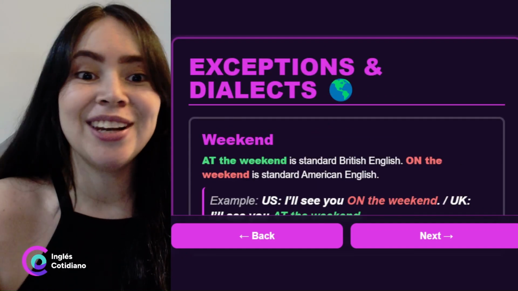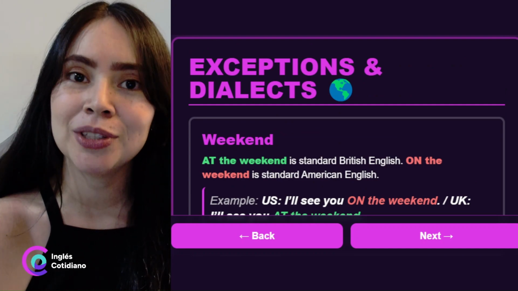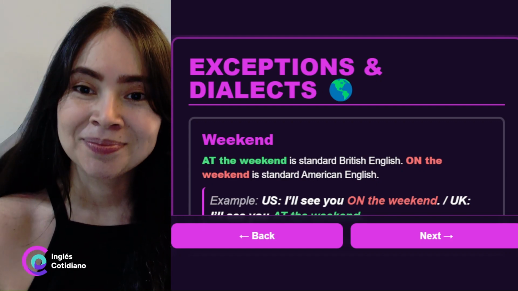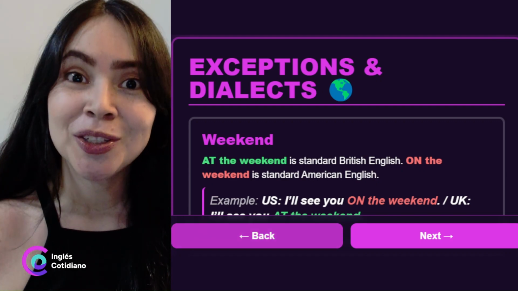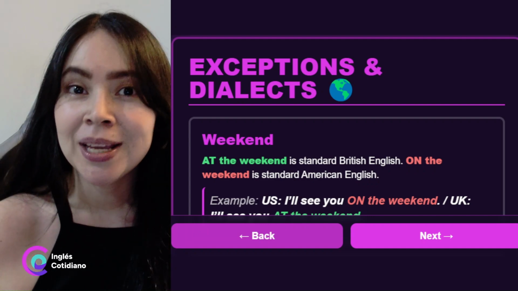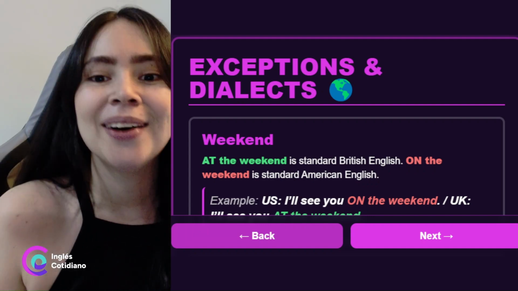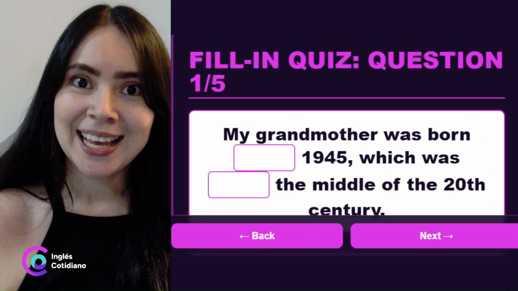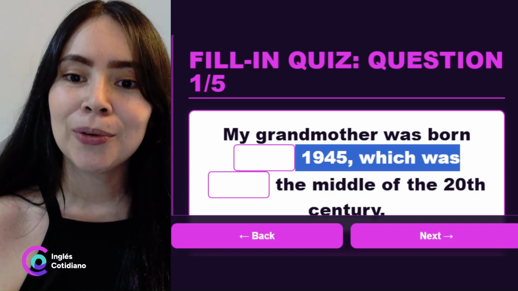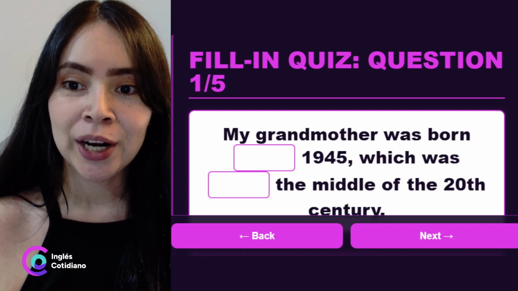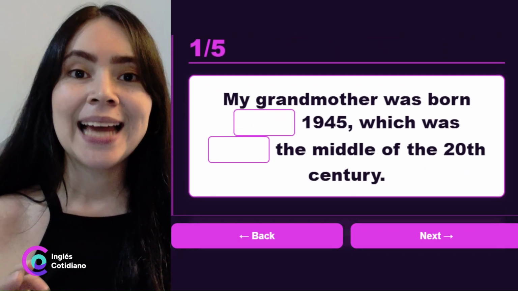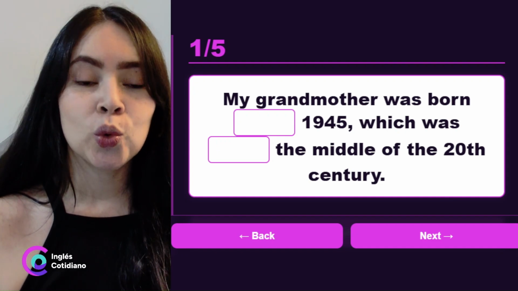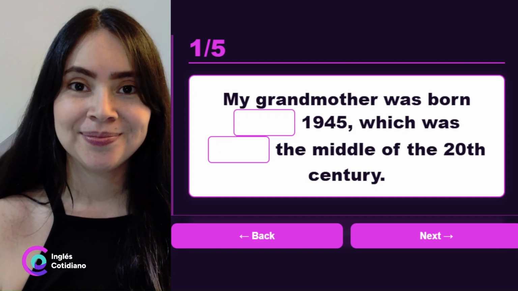So far we have learned many things about these prepositions at, on, and in to talk about time. Let's do now a short quiz to check our memory and our understanding about these three tricky prepositions. The first point in this quiz is: my grandma was born blank 1945, which was the middle of the 20th century.